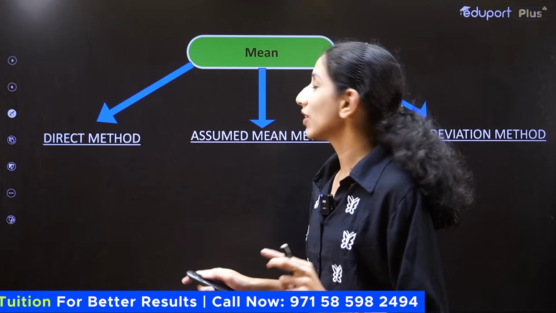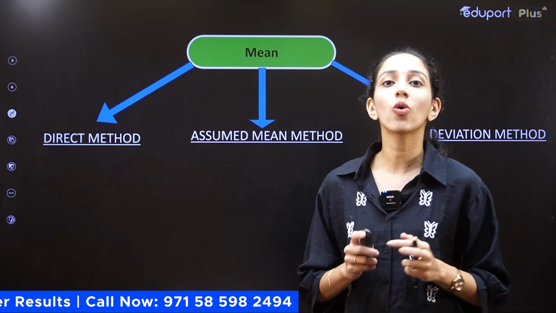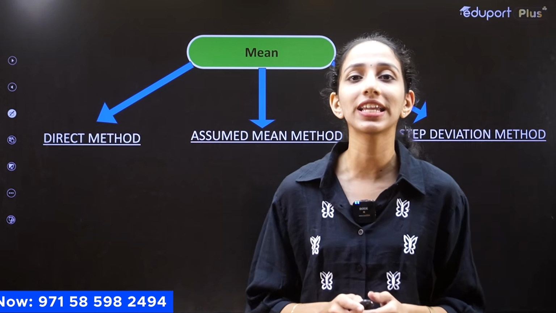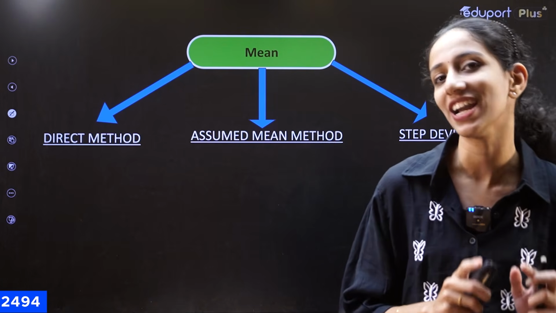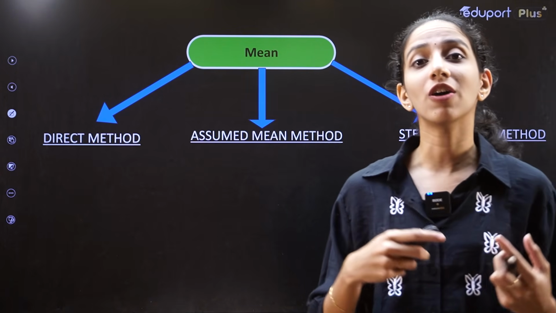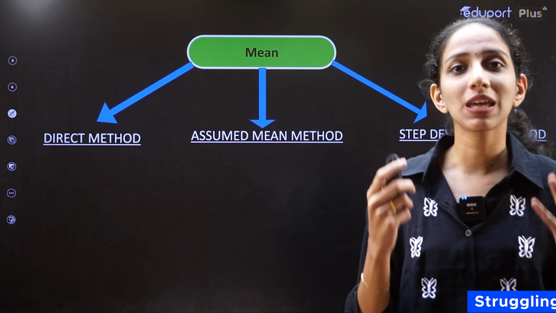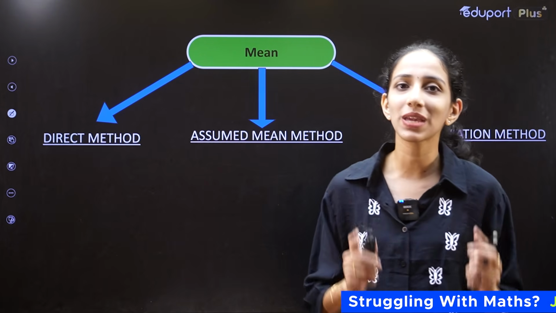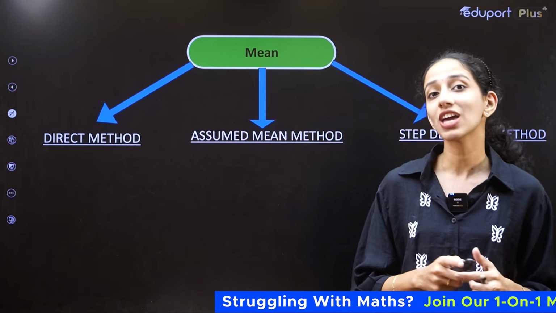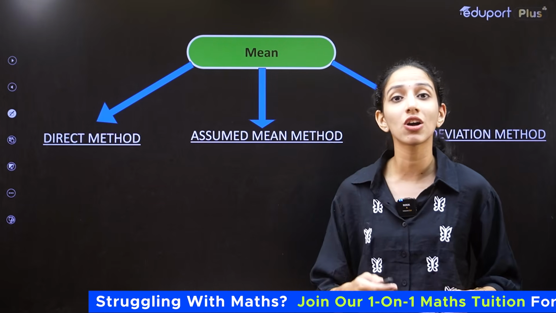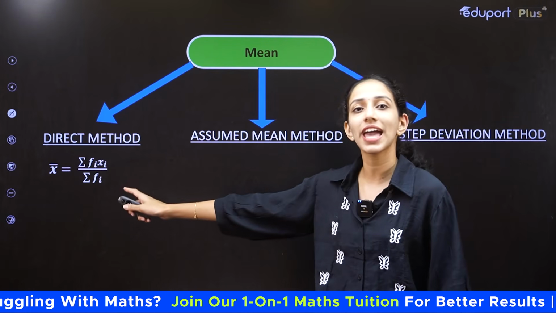Looking at the direct method, what is the formula for finding the mean? Before that, we want to learn which symbol is used to denote the mean of some values. The letter we use to denote the mean is always x bar.